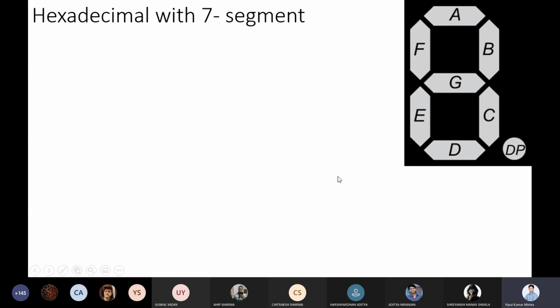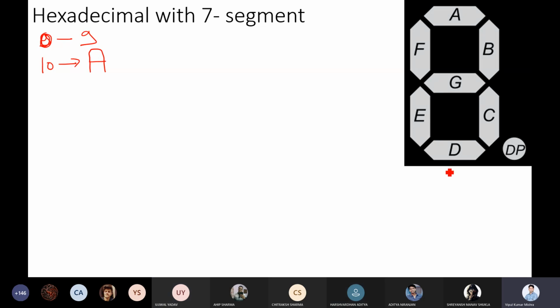Now I want to represent hexadecimal. 0 to 9 we are very clear, because we have done it just before for BCD. Now let's say 10. How is it represented in hexadecimal? A. Can we make A from this 7-segment display? Yes, sir.